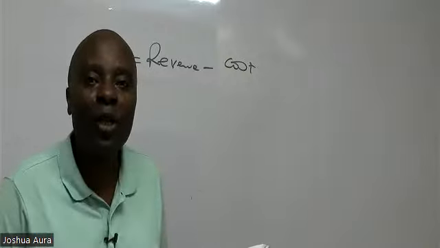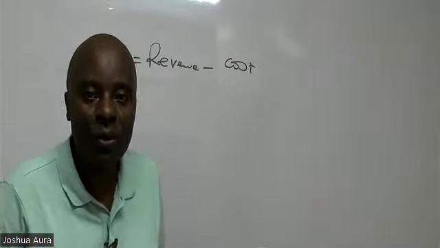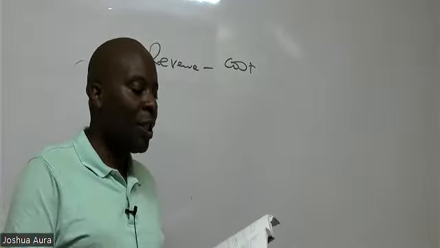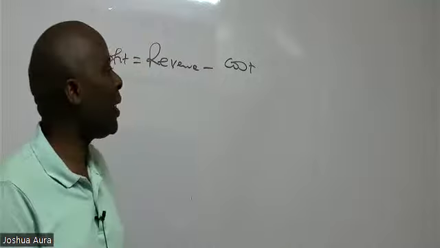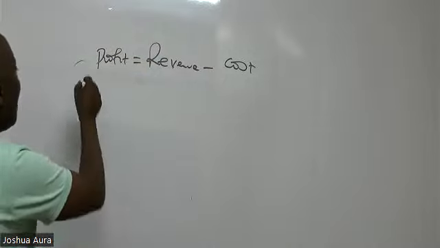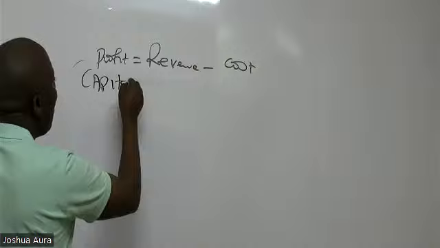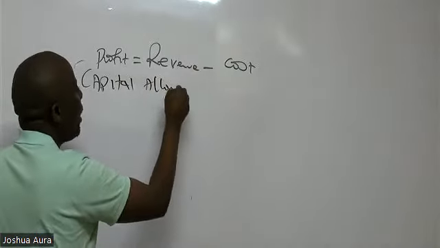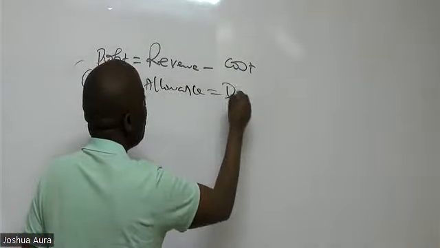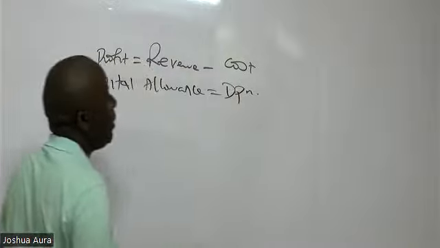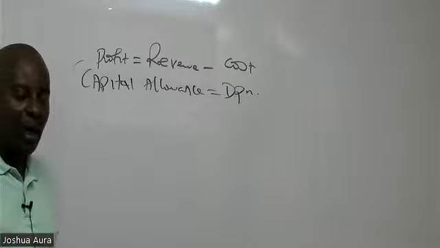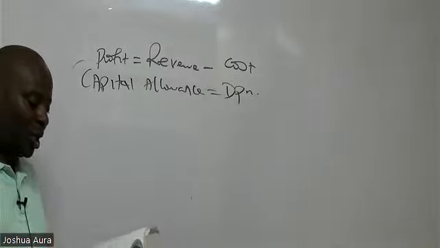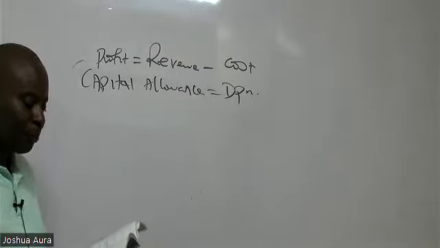For us, capital allowance is depreciation. Whenever you see capital allowance, simply go there and write in brackets, depreciation. We are learning something very important here: capital allowance will always be equal to depreciation in finance.